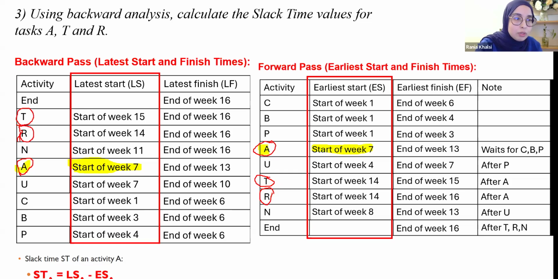Next, I will do the same for T. I change the colors and use green for T: we have 15 minus 14.